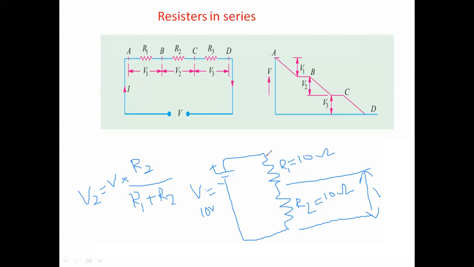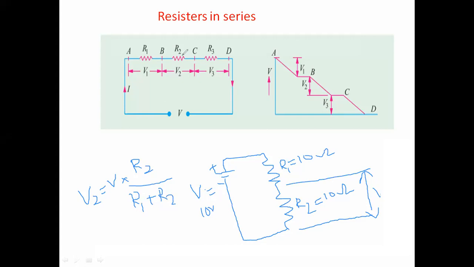Similarly, if we want to find the voltage drop across R1, V1 is equal to V into R1 divided by R1 plus R2.